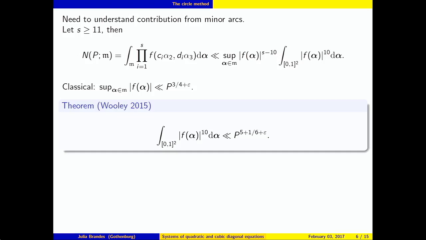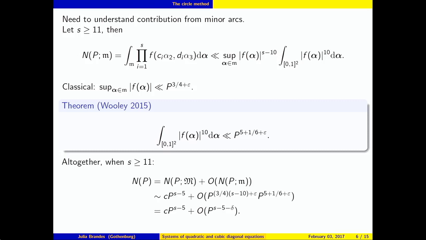And that is really the main input in that theorem for 1 quadratic and 1 cubic that really gets this mean value, which almost gives you square cancellation, except he loses by 1/6. But we win by a quarter. 1/4 is bigger than 1/6. So we win. We have the main term, which is p to the s minus 5. We have the error term, lose by a 1/6, win by a quarter, win overall.